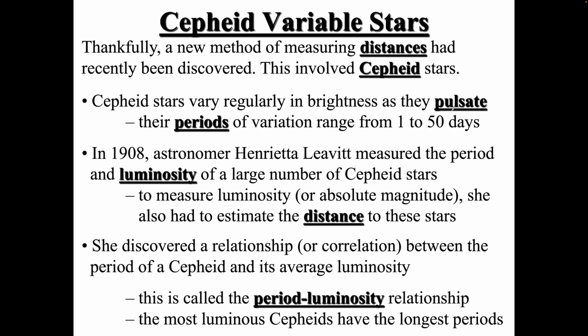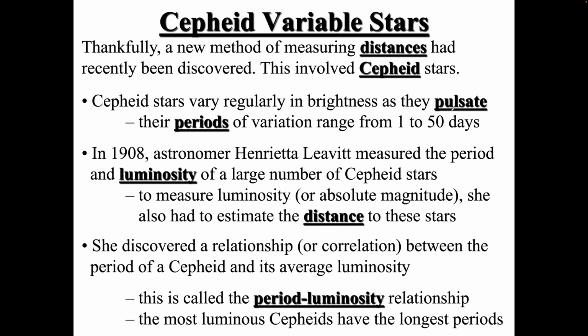To measure the luminosity, she also had to estimate the distance to these stars. Luminosity means measuring the absolute magnitude, and you know that to measure the absolute magnitude, you need to know the distance to those stars.